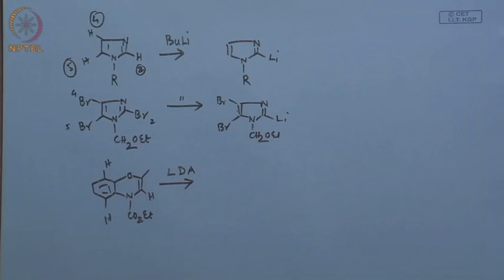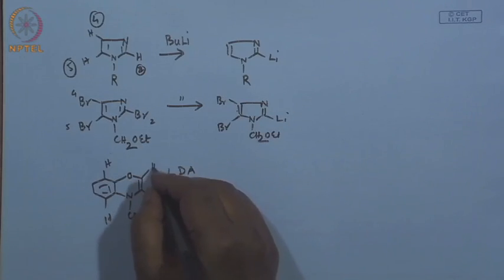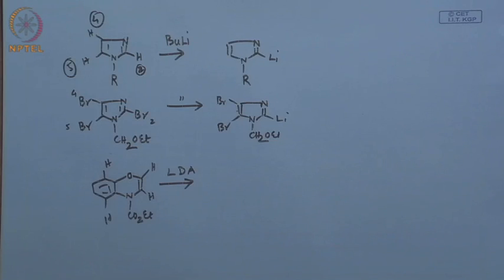If you recall carbanion chemistry, you do not often see a vinylic carbanion, never, but that is the beauty of organolithium compounds. You can produce a vinyl carbanion.